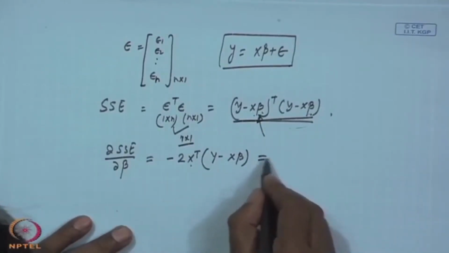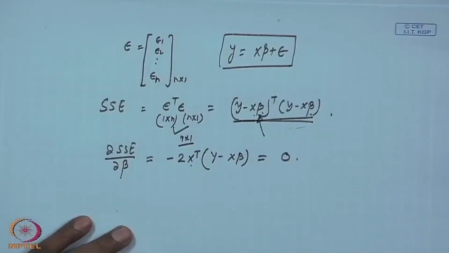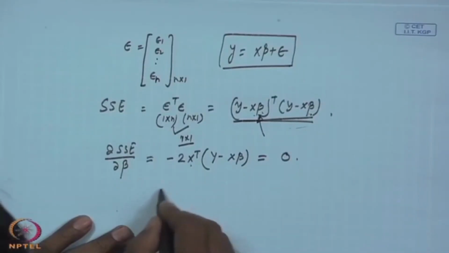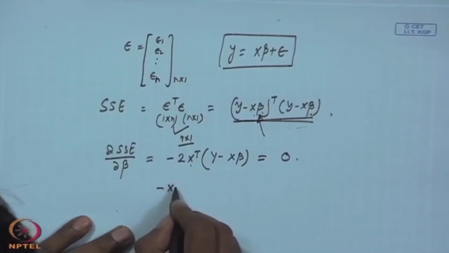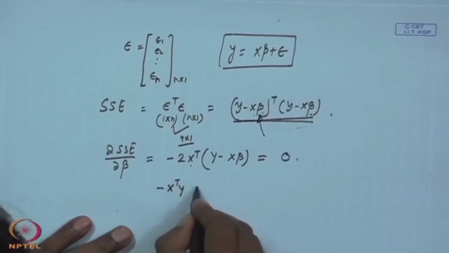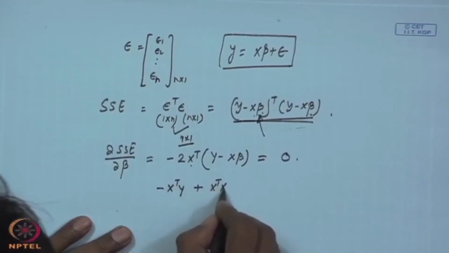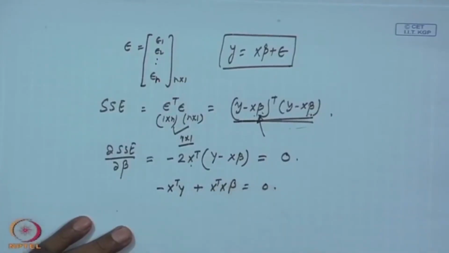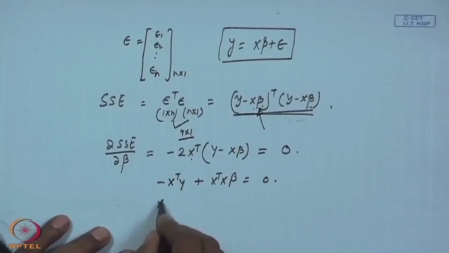So this equation we set to 0. So I can write now minus x transpose y plus x transpose x beta equal to 0. So I can write x transpose x beta equal to x transpose y.